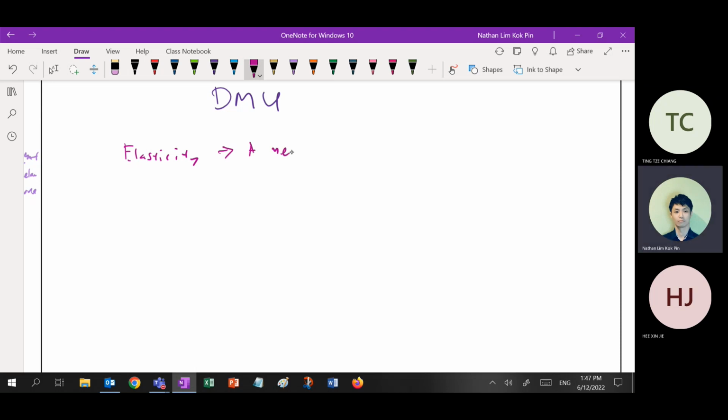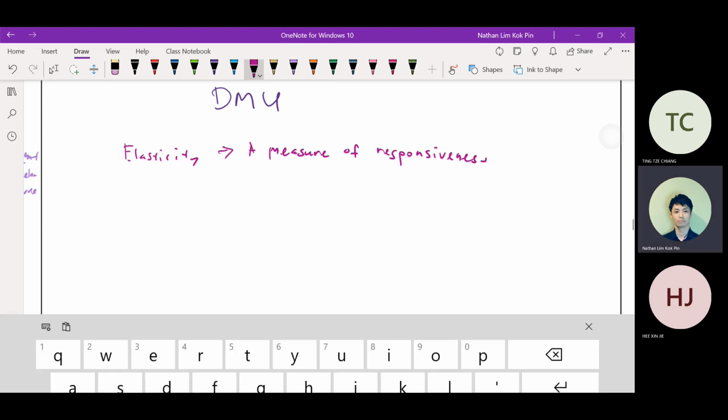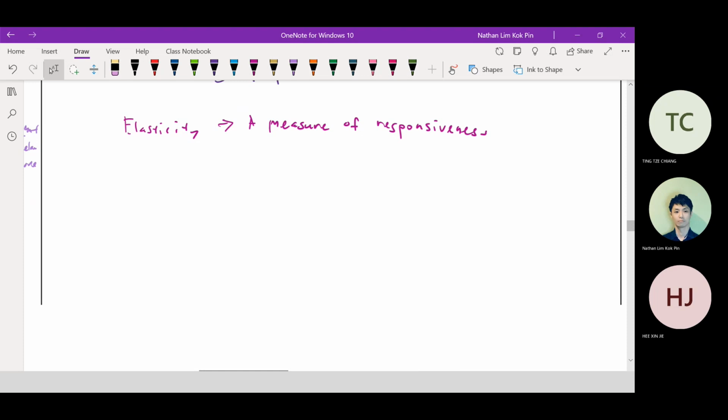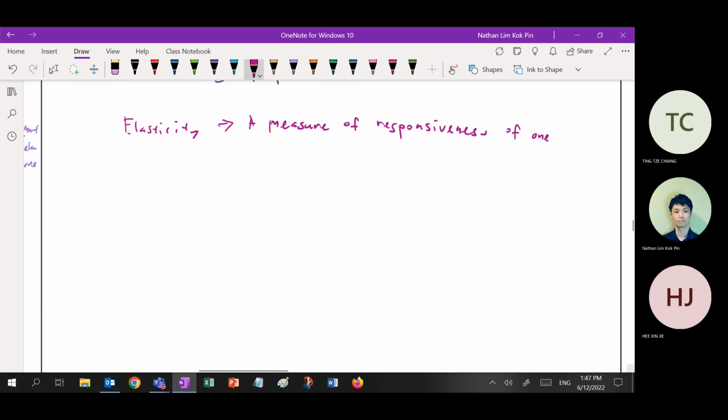It's a measure of responsiveness of one variable with respect to another variable.